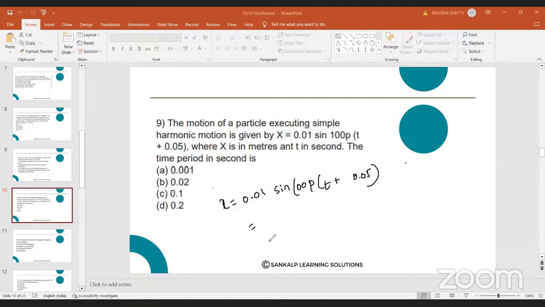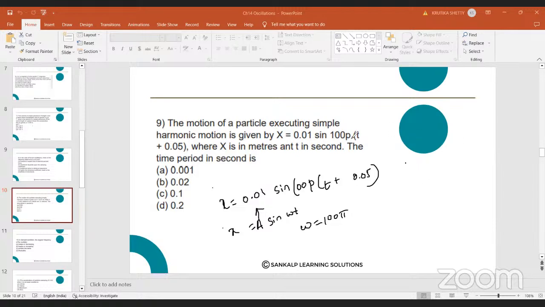Option B is correct. So whoever doesn't know, I'll write the hint so that later you can continue with the question. That is, x is equal to, the standard equation is a sine omega t. Okay, so if we compare, here by comparison you can see this is the amplitude value, that is 0.01 is your amplitude. And here omega is equal to 100 into pi.